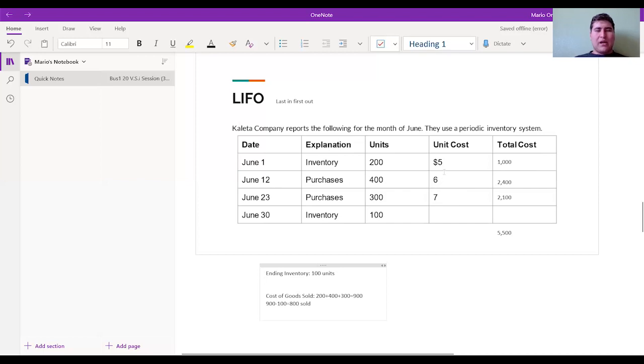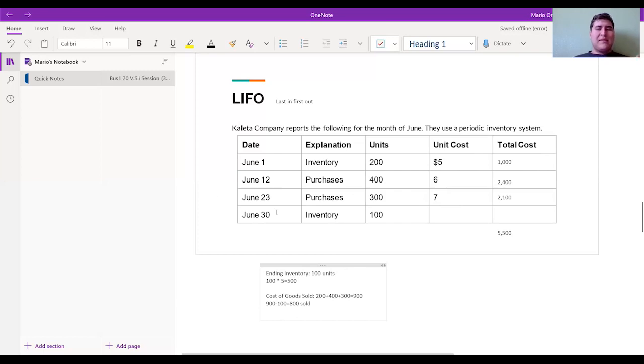But since this is for our ending inventory, we're going to be using this $5 cost. So we're going to be doing 100 times the 5. That way, we're using that last cost to account for our remaining inventory's cost.